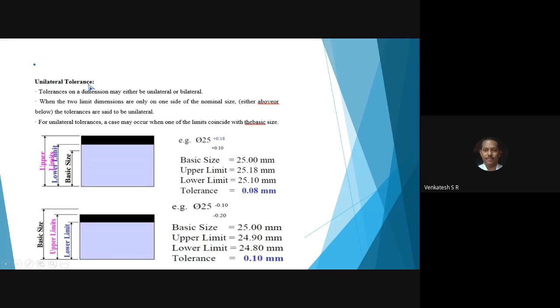In the same way, write down one more example: 25 with superscript minus 0.1 and subscript minus 0.2. If you specify the dimension's upper limit or lower limit in only one direction, that is called unilateral tolerance.